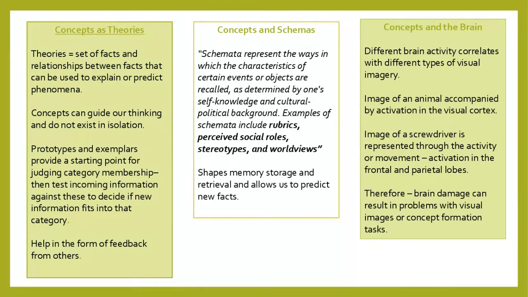So concepts in the brain. Obviously within our brain we have different areas, and different brain activity correlates with different types of visual imagery. So an image of an animal, for example, if we see a picture of a zebra and its sight we're seeing, it's an activation in the visual cortex. So what we see, visual representation, stimulates us in the visual cortex.